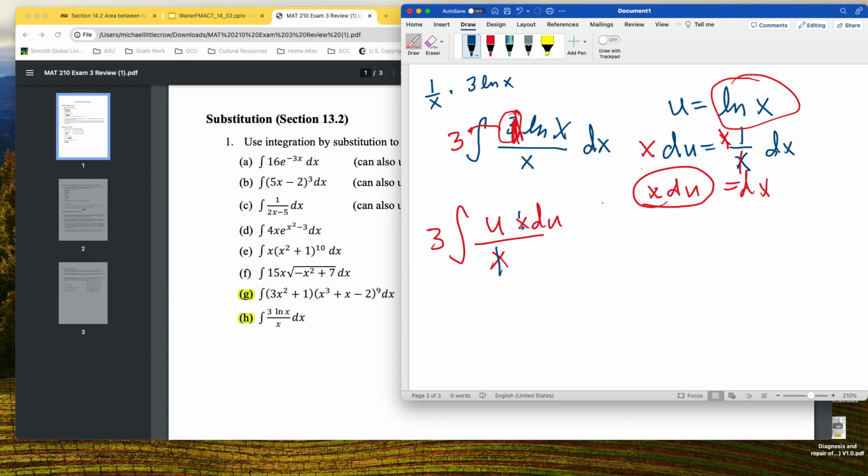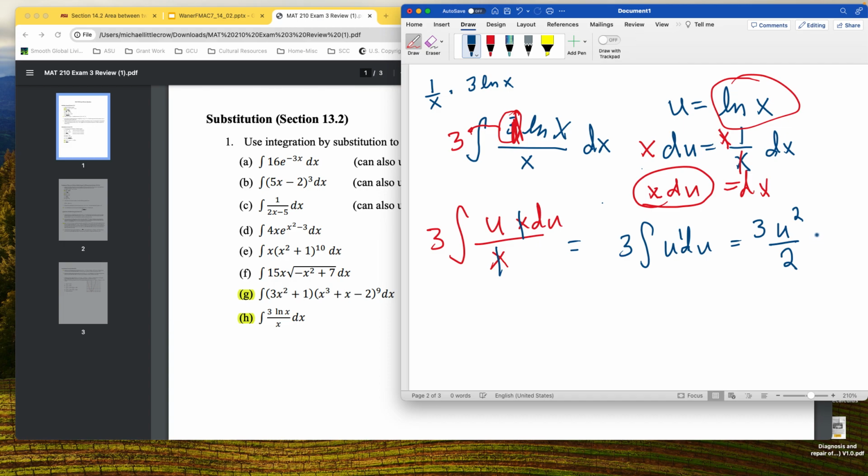The x's cancel, x divided by x. It's looking nice, isn't it? Now it's just the integral of u du. So we integrate u. U is just u to the first power. Add 1 to the exponent, so we've got u to the second power. Divide by that new exponent, and then don't forget about the 3 that we've got sitting out there.